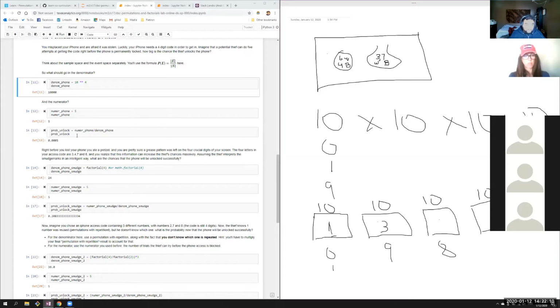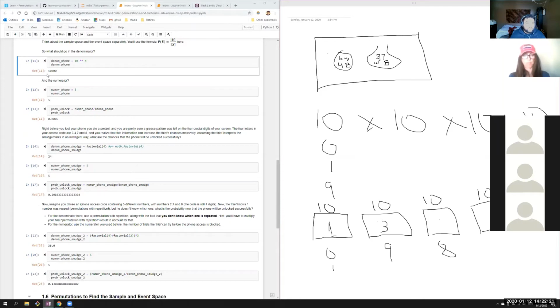He has only 5 chances to try, so he can only try 5 combinations, 5 possible permutations. So it's 5 out of 10,000, and that's the chance that he will win. So the probability that he can unlock it is 0.05%. There's a very low probability that he's going to hit the correct code just trying it randomly.